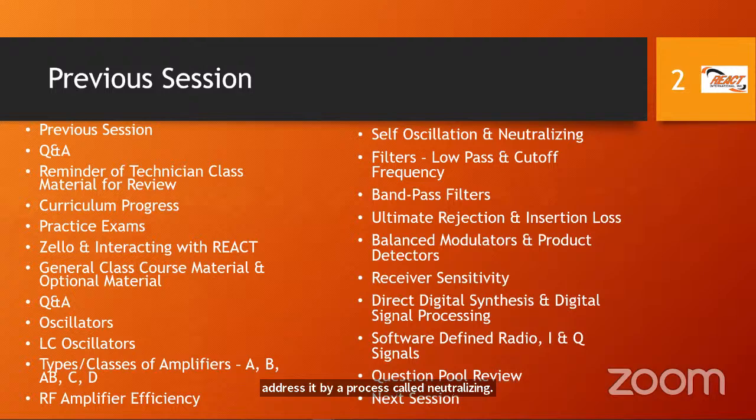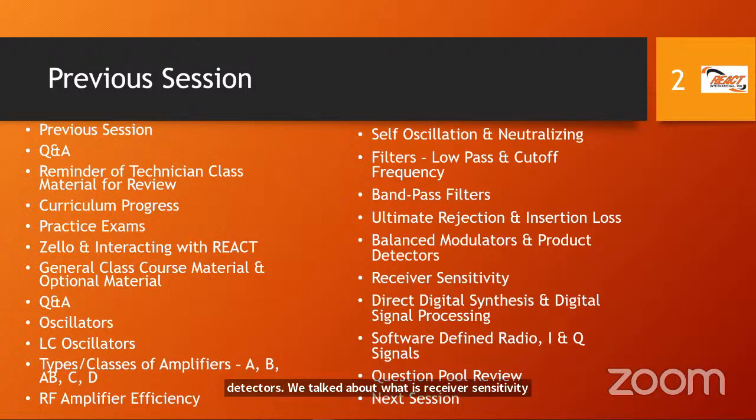Then we went on to discuss filters, different types, low pass, and also we discussed cutoff frequency. We then went on to discuss the band pass filters and introduced the concepts of ultimate rejection and insertion loss. We also discussed balanced modulators and product detectors. We talked about what receiver sensitivity is.